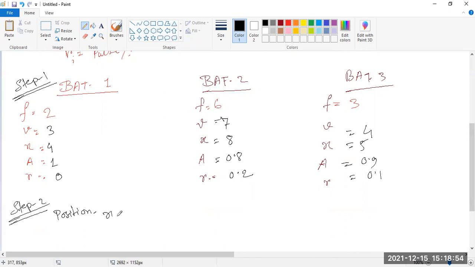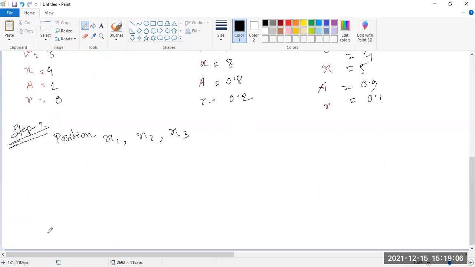The positions are x1, x2, and x3. Okay, you have got x1, x2, x3. Then step 3.